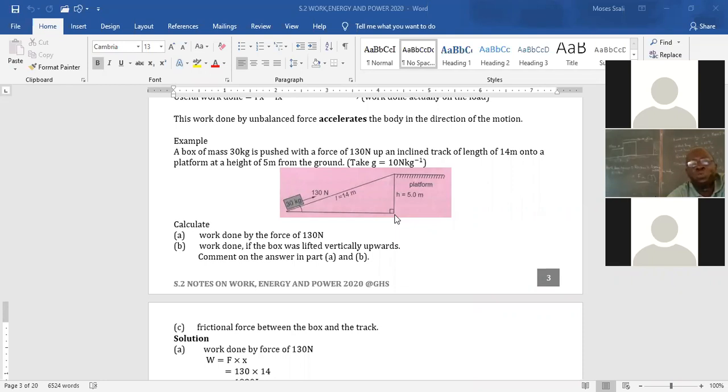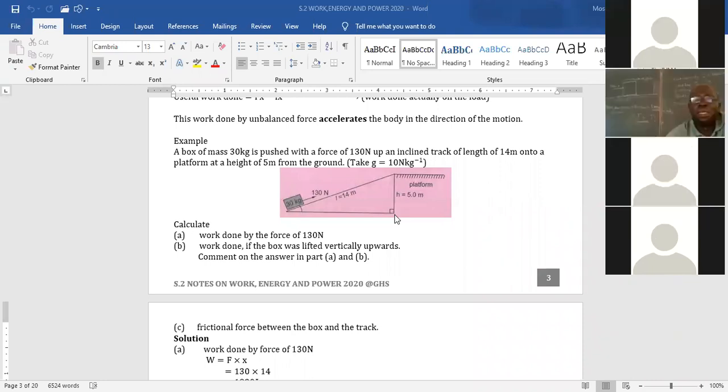The work done by that force is going to be the force times the distance it moves. Is that okay? And that work is going to be referred to as the work input. That work is going to be called the work what? Input. The work input.